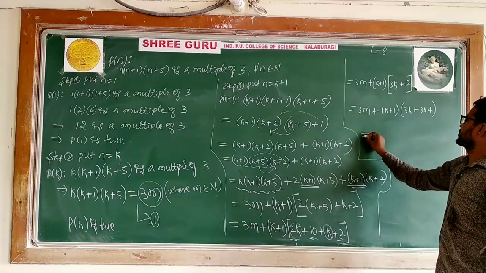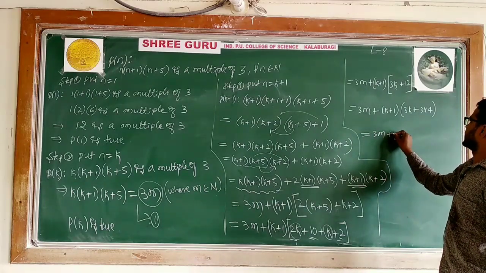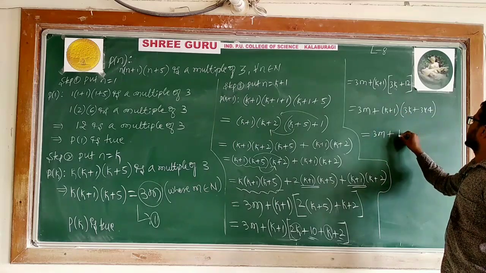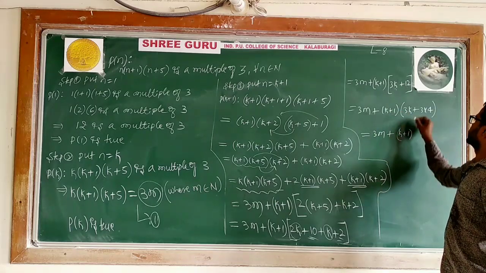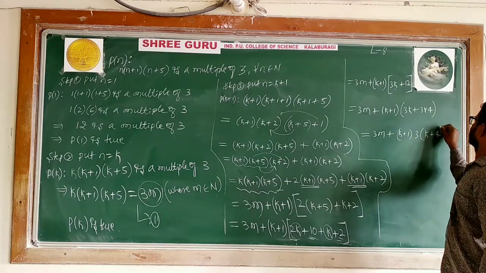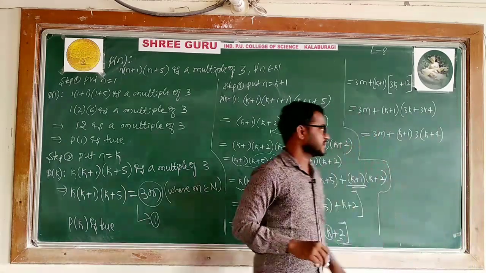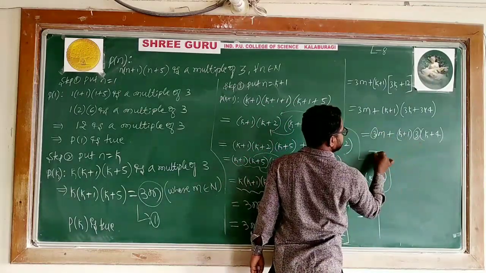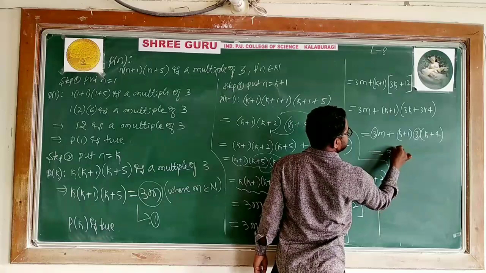So what is the common? 3m plus, can I say, k plus 1, with 3 outside. What remains? K plus 4. What is common again? 3 is common. Can I say 3 is common, so what remains?